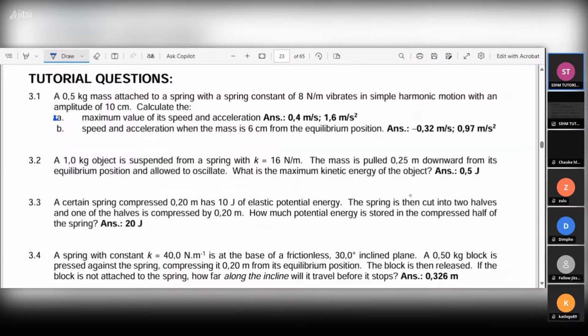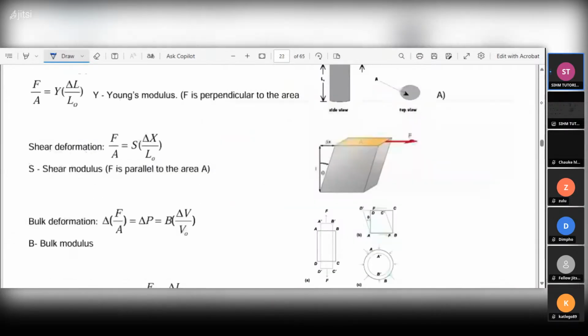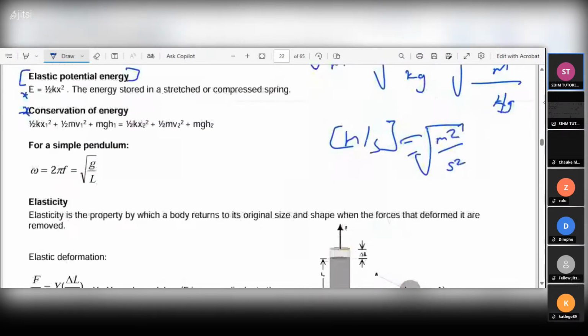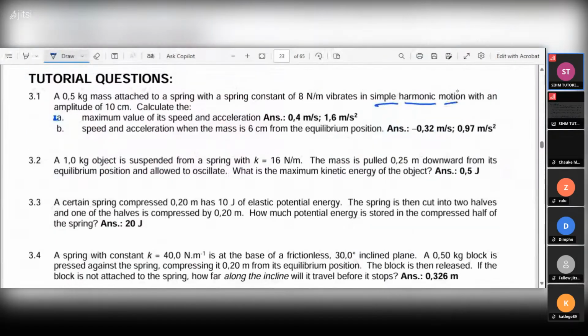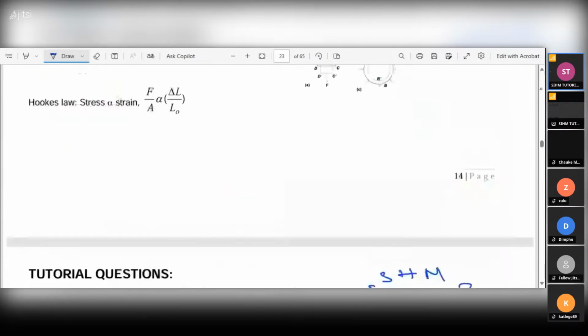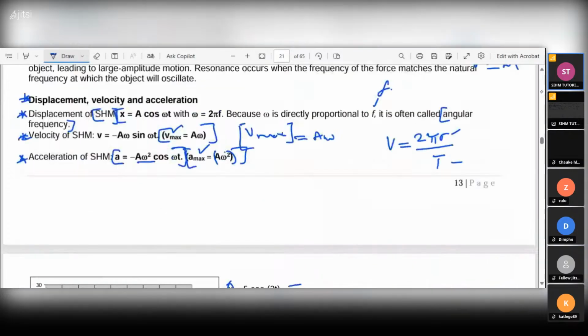So before we go through with this question, we can go back to simple harmonic motion. You know that we have been dealing with simple harmonic motion, which starts from this point: the displacement of simple harmonic motion, velocity of simple harmonic motion, acceleration of simple harmonic motion.